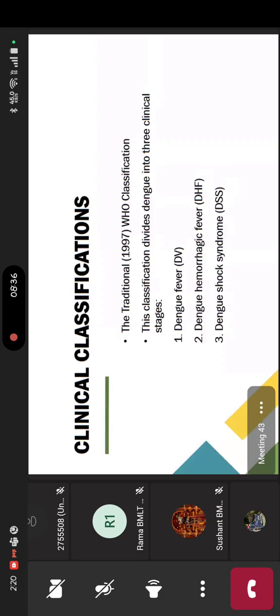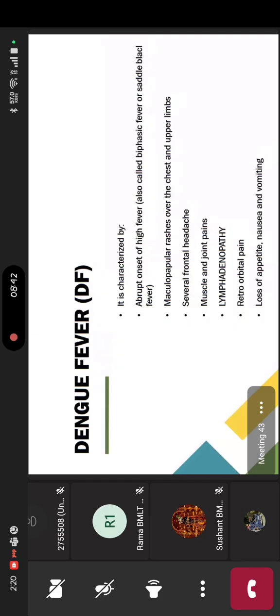So this is our clinical classification, and we have 3 clinical classifications, as we have already discussed. Let's move forward. We will discuss every clinical classification one by one. First one is dengue fever. So what is dengue fever? It is characterized by abrupt onset of high fever, which is also known as biphasic fever or saddleback fever, right, students?